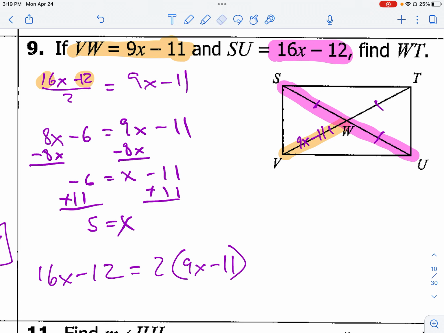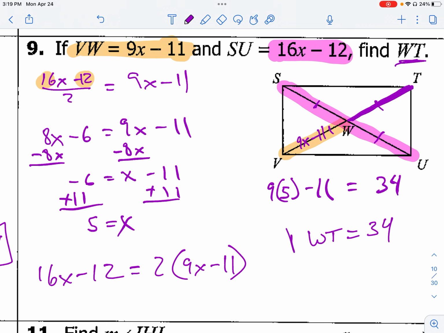Now we got to find WT, and WT is going to be half, so it's going to be the same as 9 times 5 minus 11. 9 times 5 is 45, minus 11 equals 34. So WT equals 34.